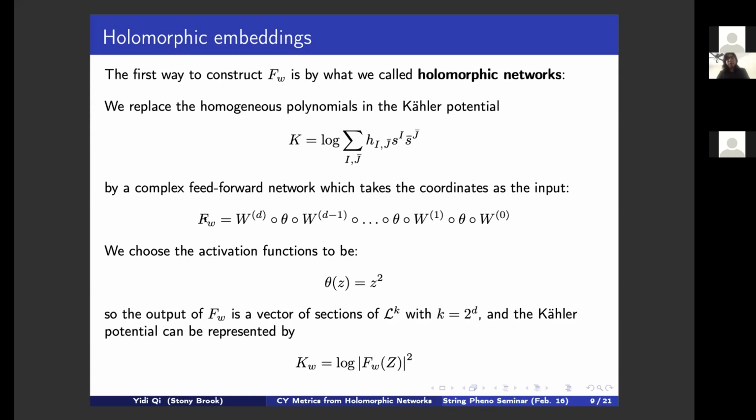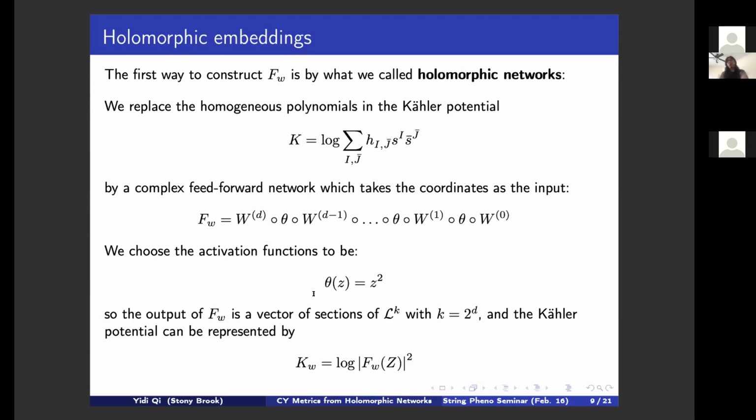So F here has all of its weight matrices as complex numbers, and you take the coordinates of the points as input and multiply that by the weight matrix, and then you go through a theta function, which is just a square function. So your input will be squared after each layer, and the output of this network will be a vector of sections with degree k equal to 2 to the power of d, where d is the number of layers you have.